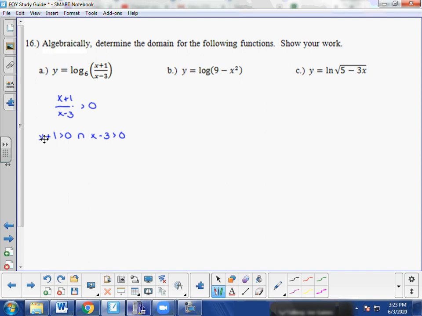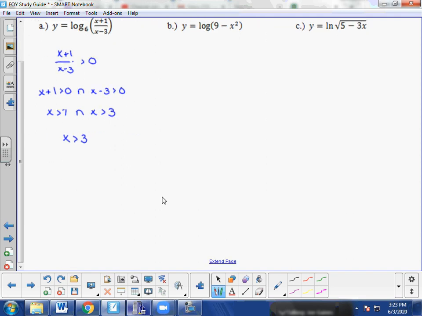So in this case, x plus 1 is greater than 0, x would have to be greater than negative 1. And x minus 3 greater than 0, x would have to be greater than 3. So if x is greater than negative 1 and also greater than 3, x is greater than 3 would be part of my domain. The other part of my domain would be that if x plus 1 was less than 0, and x minus 3 would also be less than 0.